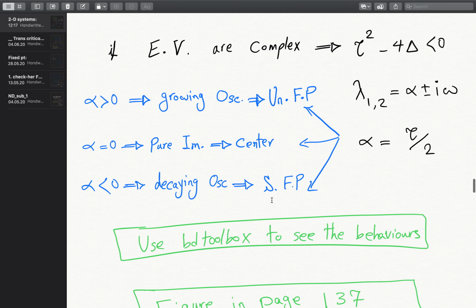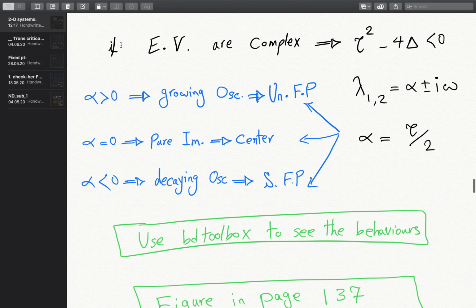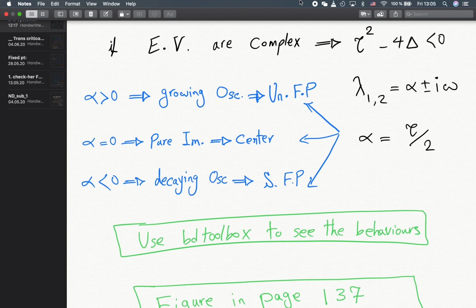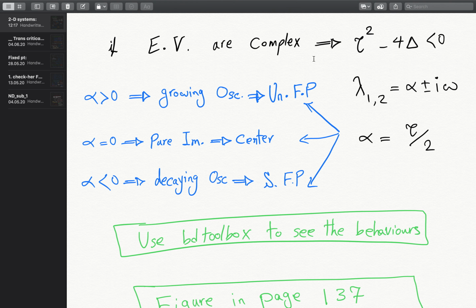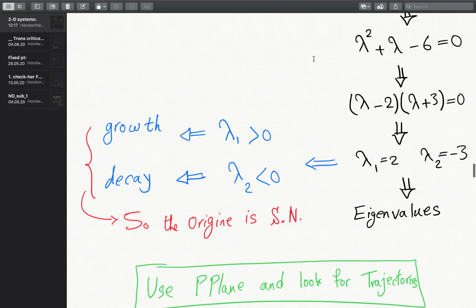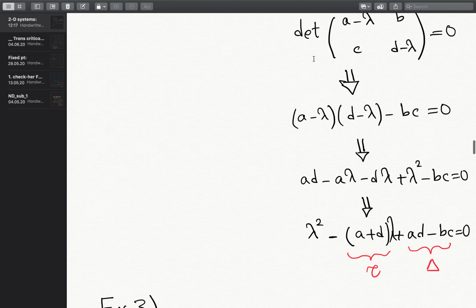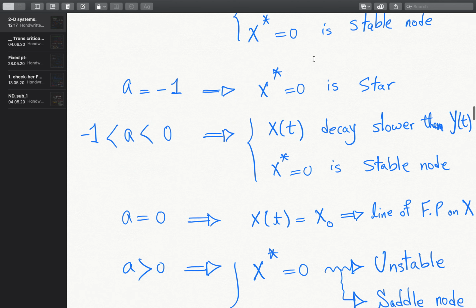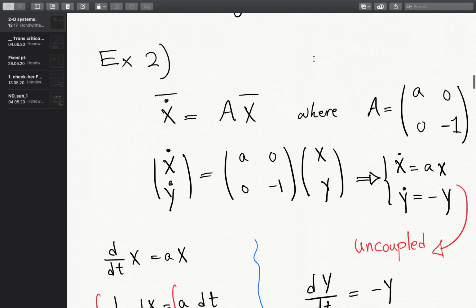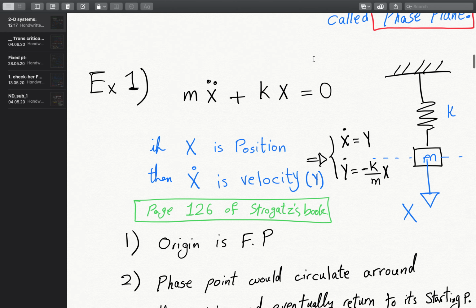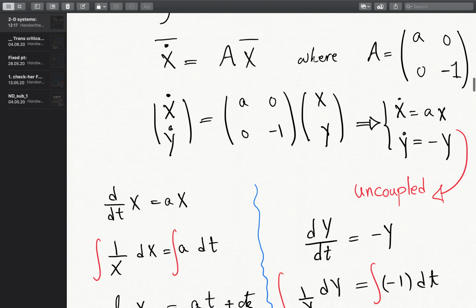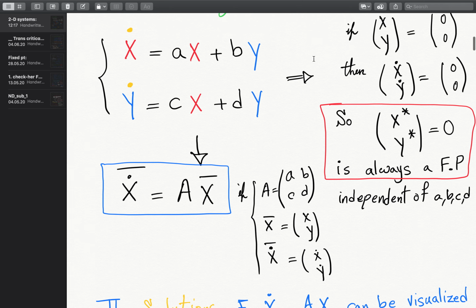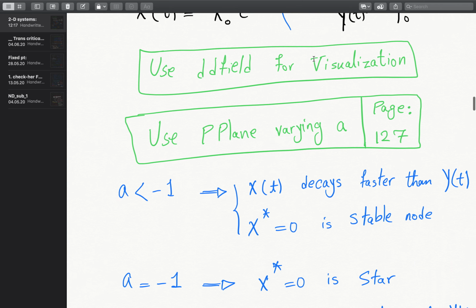Okay, so if the eigenvalues are complex, it means that under the solution, where is the equation? I can't find it.